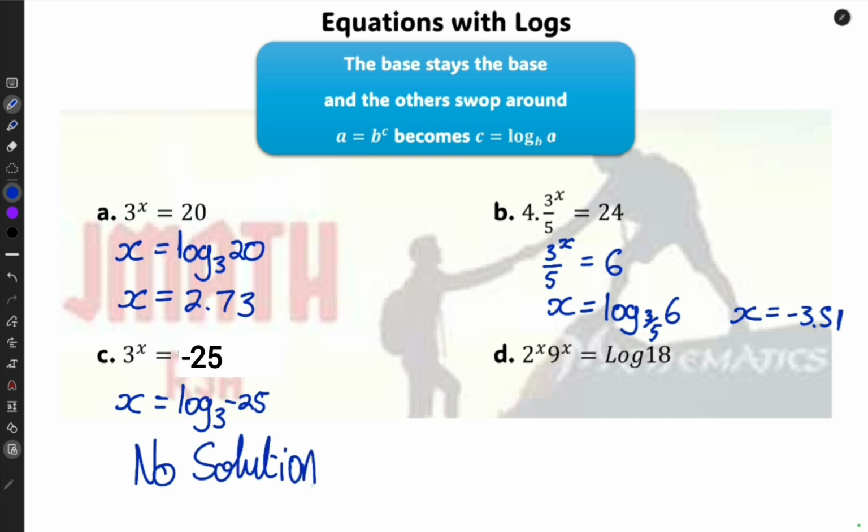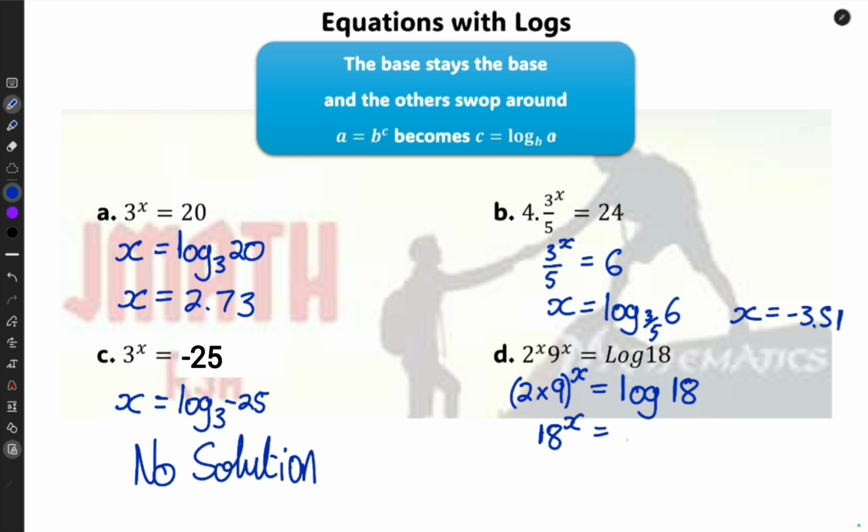Okay, question D. Remember your laws of exponents. So if my exponents are the same, I can multiply the bases. So I can do a bracket and I can say 2 times 9 to the power x would be equal to log 18. So that tells me that 18 to the power x is equal to log 18. So I can then change this into a decimal value because there's no variable.